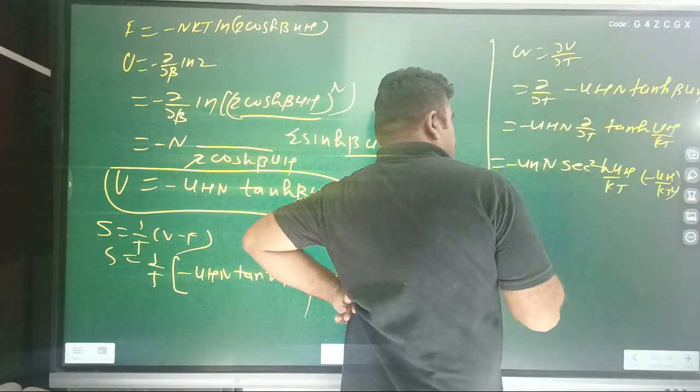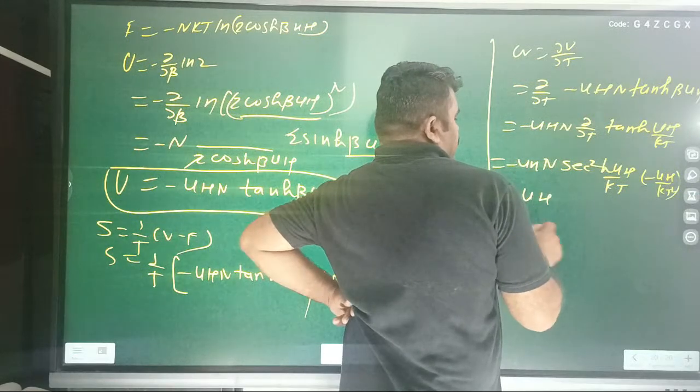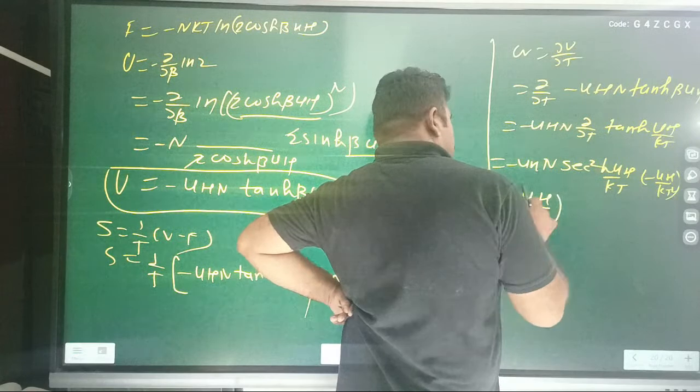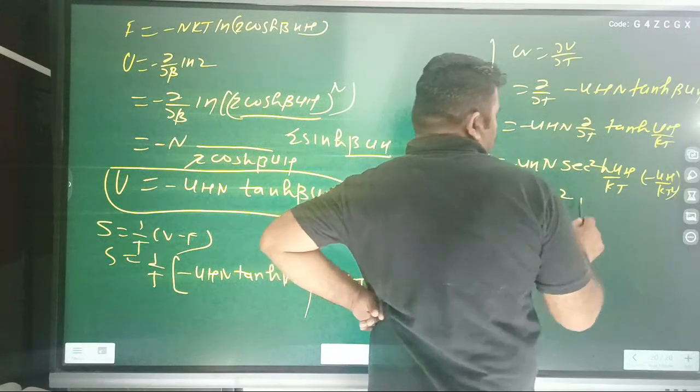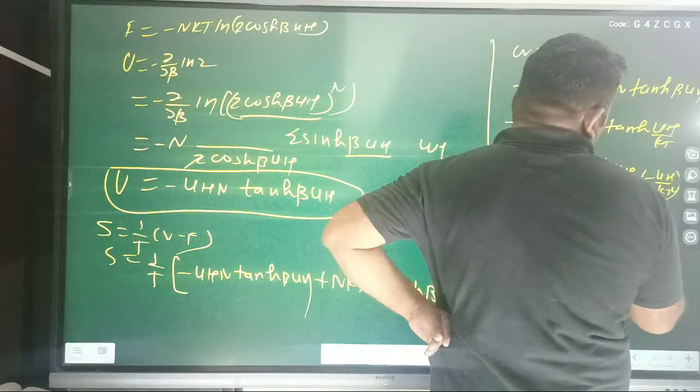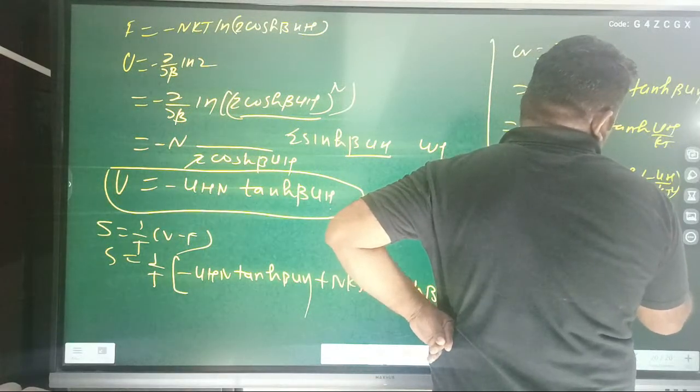Minus minus becomes plus: (μh/T) squared into N/k sech²(μh/kT).